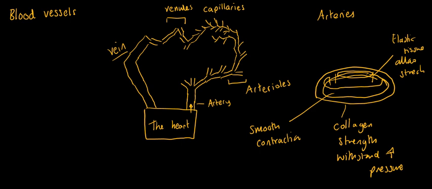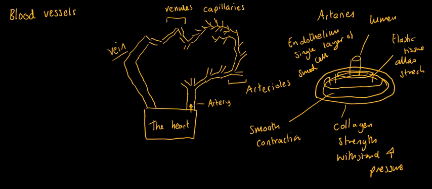And then finally, inside the artery, in the lumen, which is the internal diameter, you're going to have your endothelium, which is just a single layer of cells, and that is going to be smooth, which is going to prevent friction.